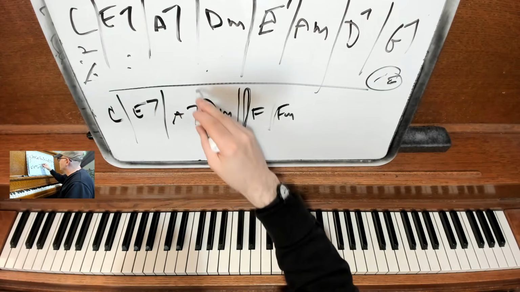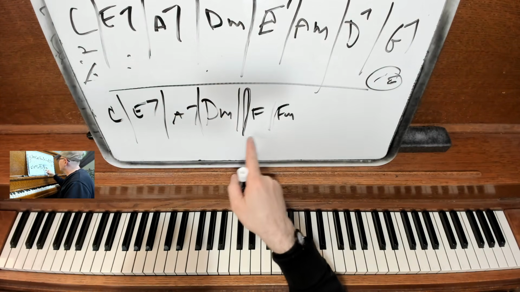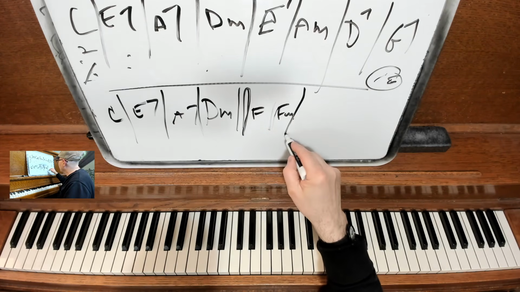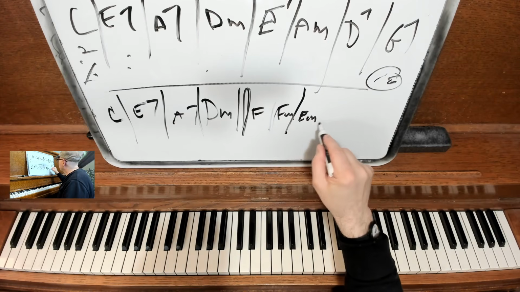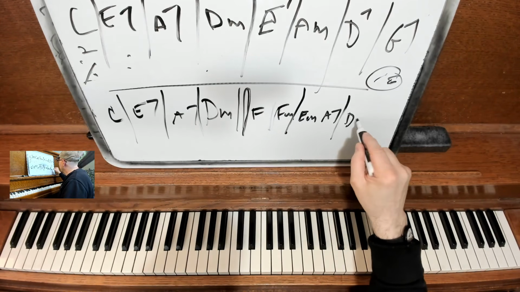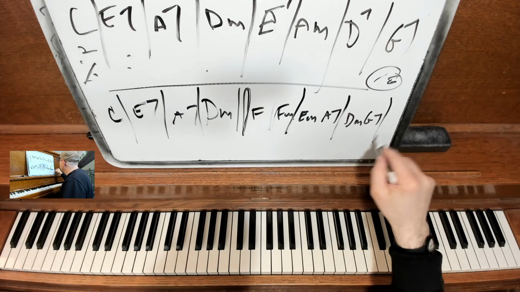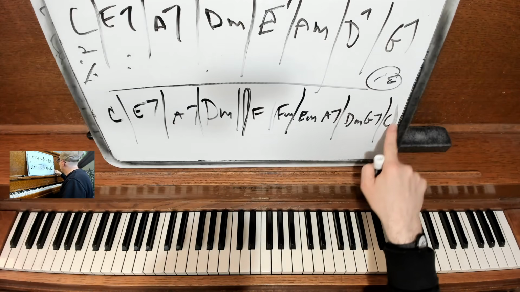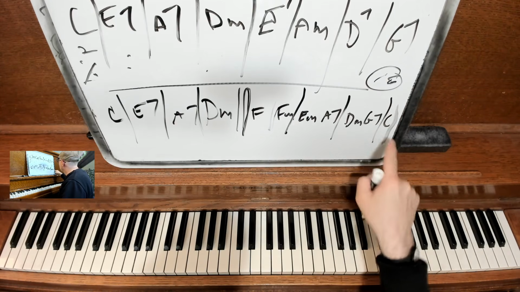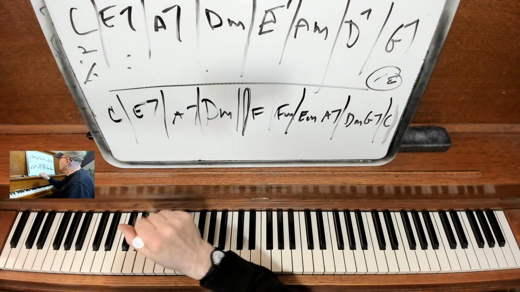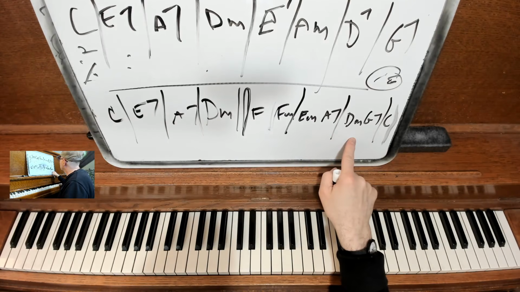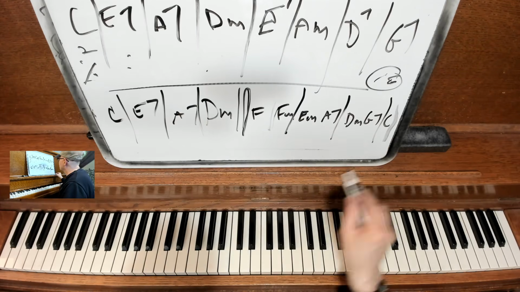E minor, A7, D minor, G7, and then C, and then another one there. So that's 1, 2, 3, 4, 5, 6, 7, 8. That's your 16.